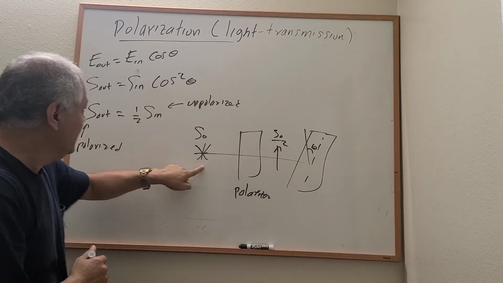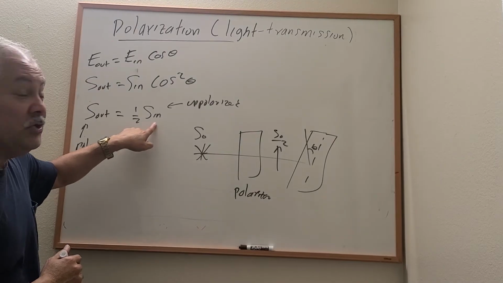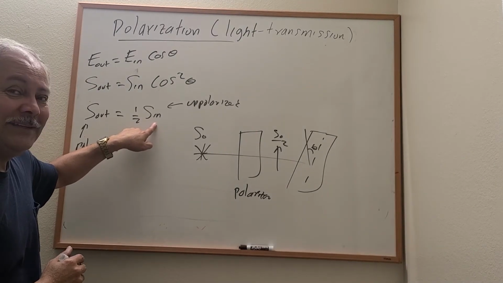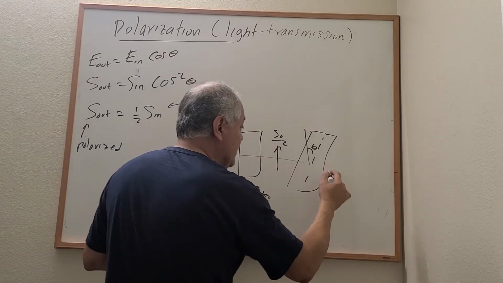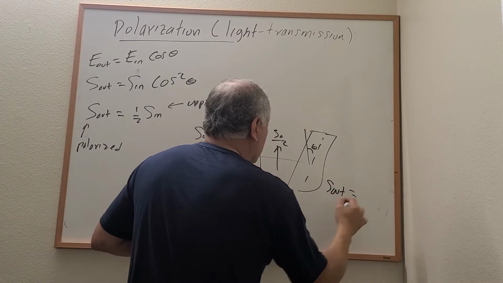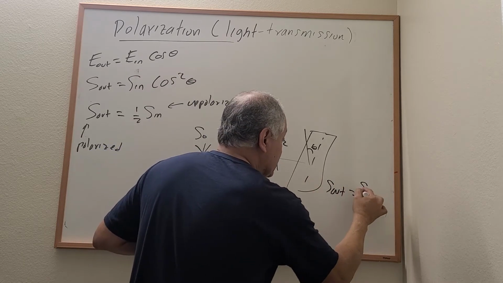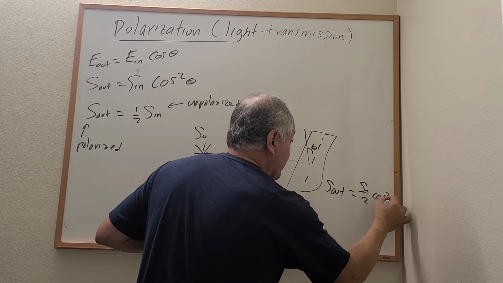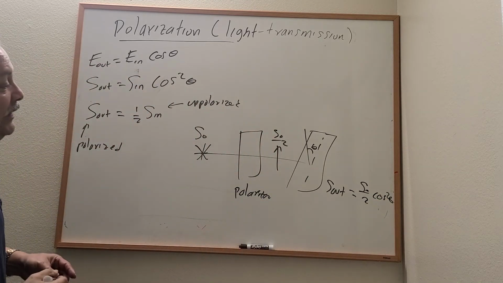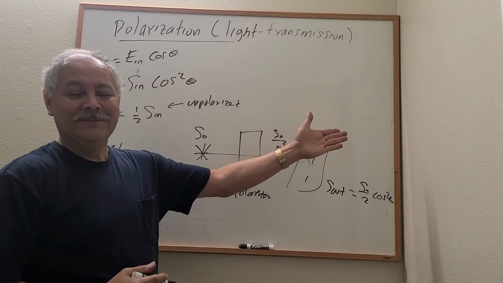When we start, we just use half of the original intensity, correct? Okay, great. So right here, the transmission should be equal to the original one, S original divided by 2, times cosine squared theta, correct? And so on. Got it?